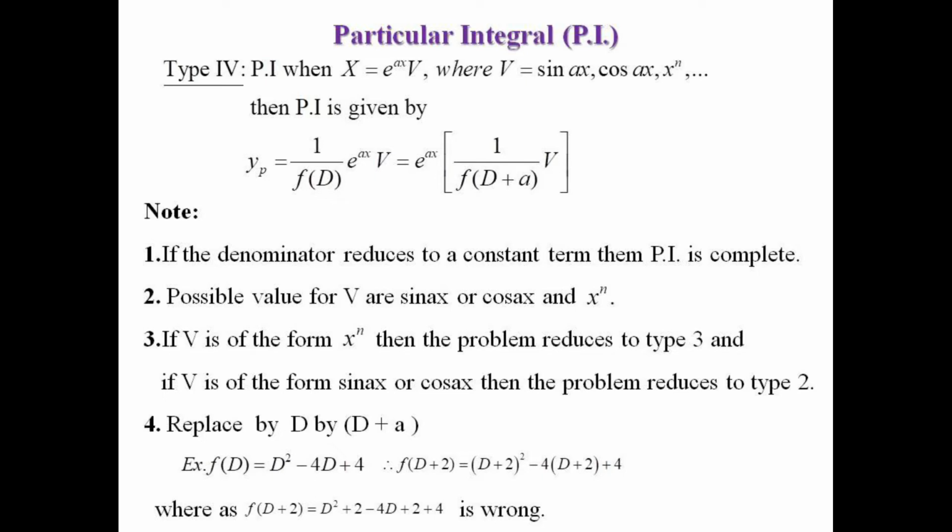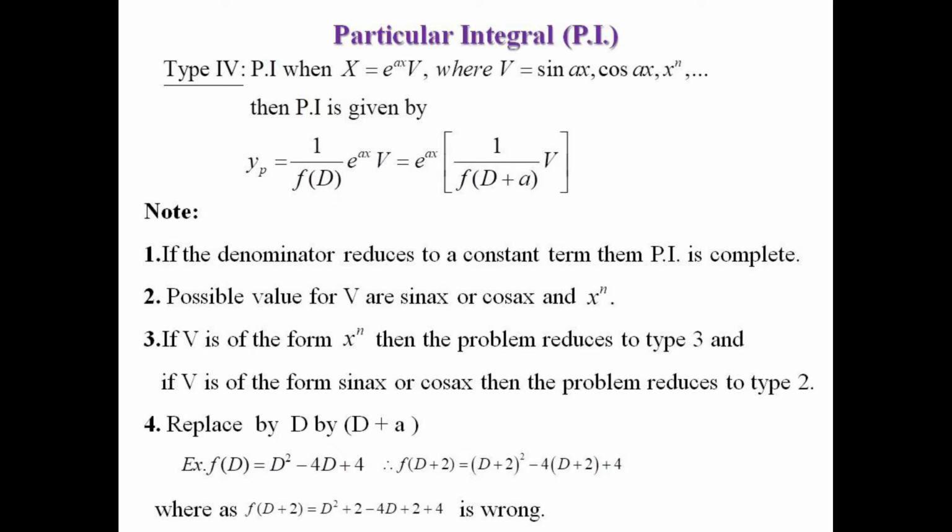Now replace D by D plus a. In this formula we are replacing D by D plus a. For example, f of D is equal to D square minus 4D plus 4. Then we replace D by D plus a. Suppose we take the value of a as 2, then we can write this as (D plus 2) whole square minus 4 times (D plus 2) plus 4.